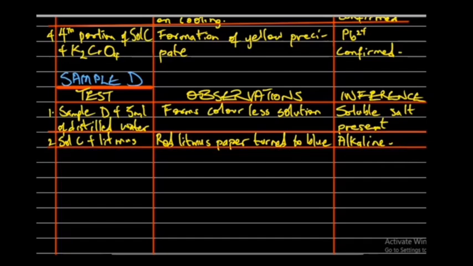So what could be inside our sample? That led us to the third test, which was reacting it with barium chloride. Sample D, first portion of solution D plus barium chloride.